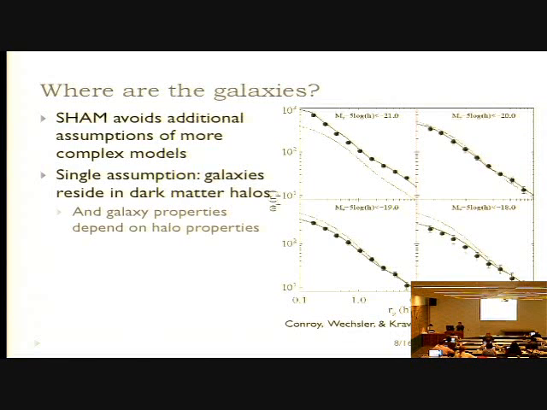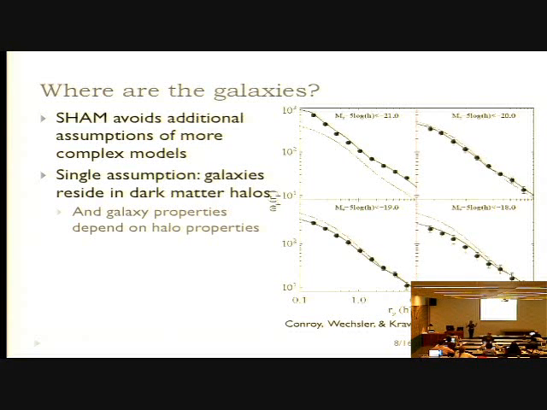Okay. So fundamentally, the question is, where are the galaxies? You don't just drop them haphazardly in your volume. They are associated with the dark matter halos. So what we're using is subhalo abundance matching, called SHAM colloquially. If you want to think about it like a pillow sham, you throw it on top of your underlying N-body simulation. Essentially, you end up avoiding the more complex assumptions of a lot of other models.